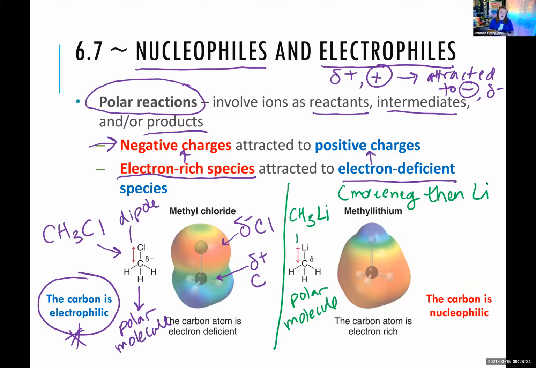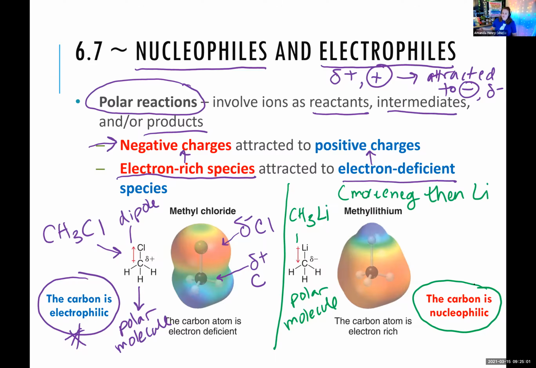Because of that, carbon usually isn't the thing that's partially negative. Carbon is usually the thing that's partially positive. So methyl lithium does exist, and we will use it, but it is definitely used less than having a carbon that's partially positive. In this example, though, because carbon is partially negative, the carbon is our nucleophile, or it's nucleophilic.